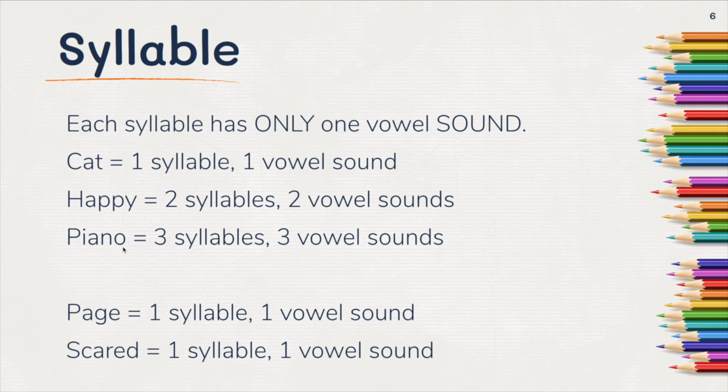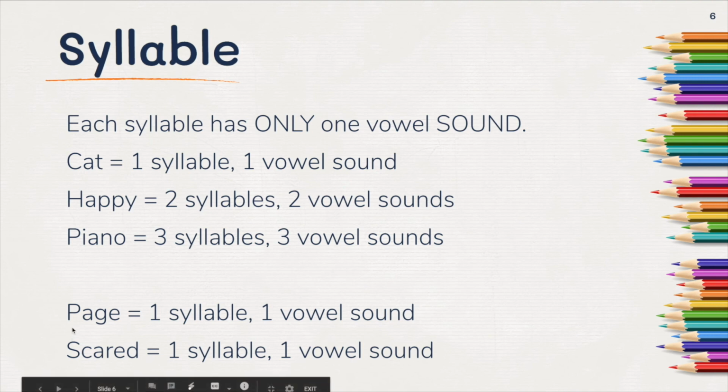Three vowel sounds, three syllables. So if you know how many vowel sounds are in a word, you will also know how many syllables are in that word. It's important to remember, though, this is vowel sounds, not letters.